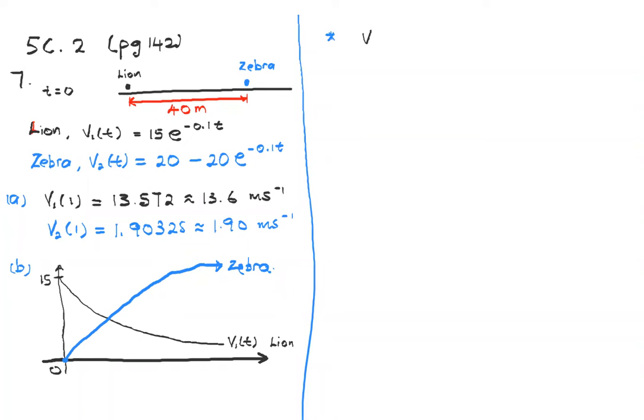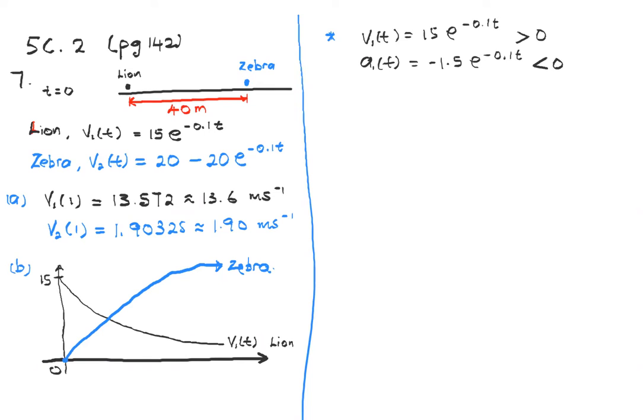V1(t) is equal to 15 e to the power negative 0.1t. So this is always greater than 0. Okay, then you get A1(t), that is negative 1.5 e to the power negative 0.1t. Are you okay with this? So this is always negative.